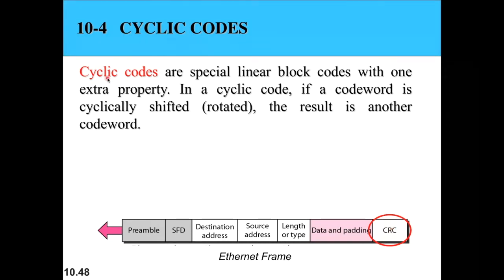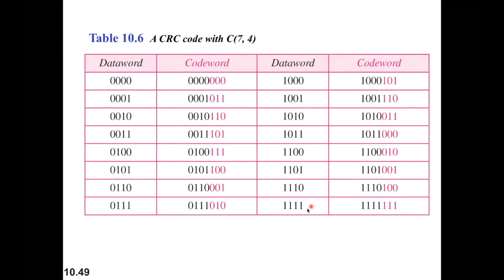First of all, what is cyclic code? We are going to see this with the help of this example. This is a cyclic code with code words of 7 bits and data words of 4 bits. See here, the length of our data word is 4, meaning 4 bits in our data words and 7 bits in our code words.